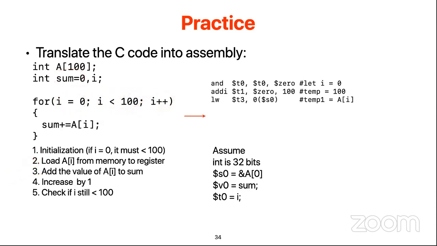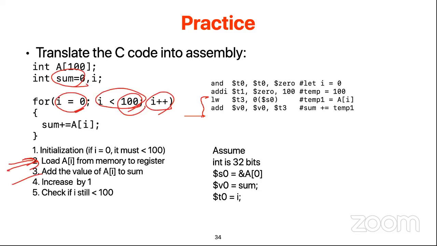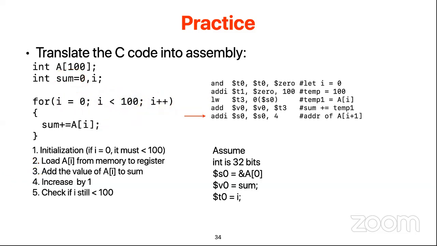Because T3 now has the content and sum is in V0, you just add V0 with T3 and put it into V0 again, as sum plus equal to A[i]. So these two lines of code help us finish the sum statement.